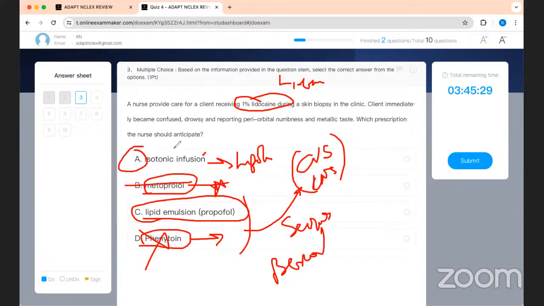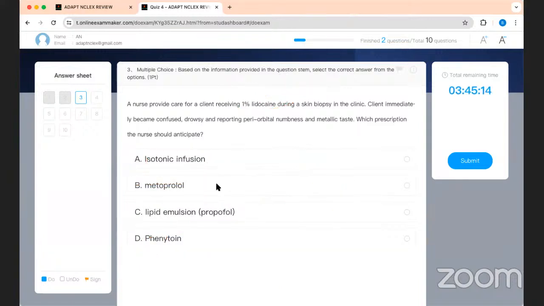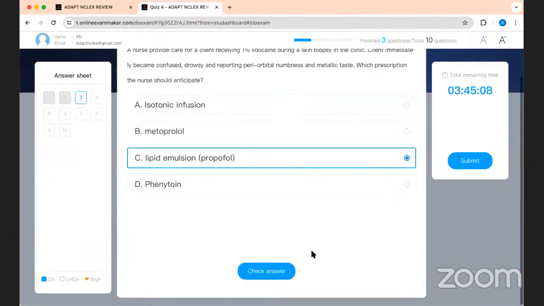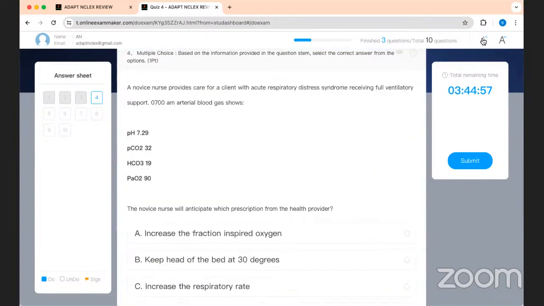If you know the content, you know that you're going to give them fluid, but that's not going to help if the bad medication is still floating in their system. So you should give them lipid emulsion, and that will help with that. So this is the third question, okay? Rationale, that's what people do.